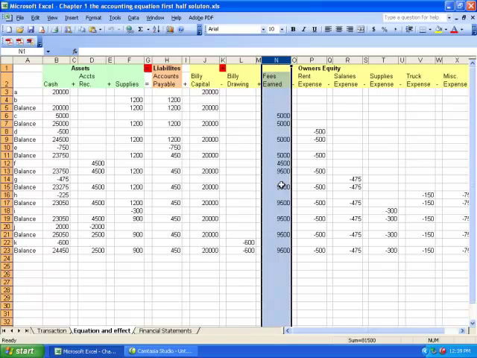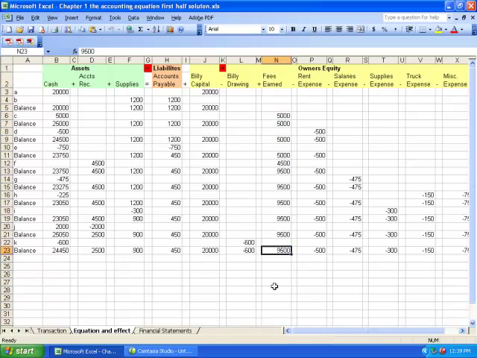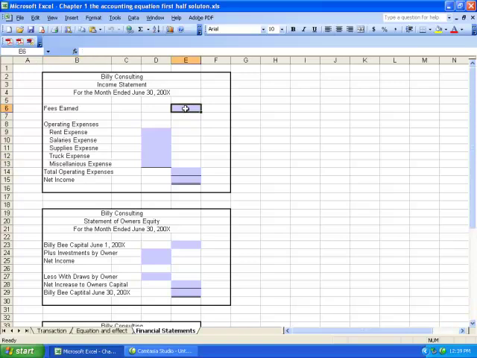And right here is our fees earned, and we find that our ending balance in our fees earned was $9,500. So I'm going to put $9,500 in here. And next we just need to go find the balances in our expense accounts.